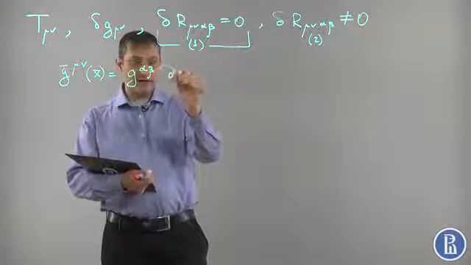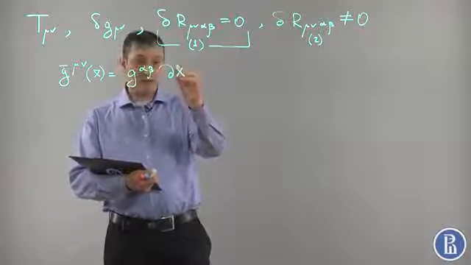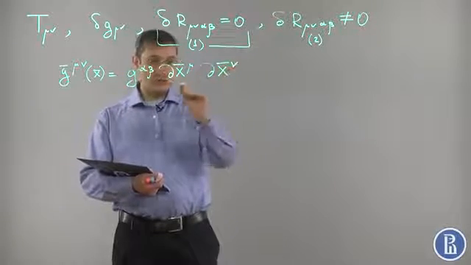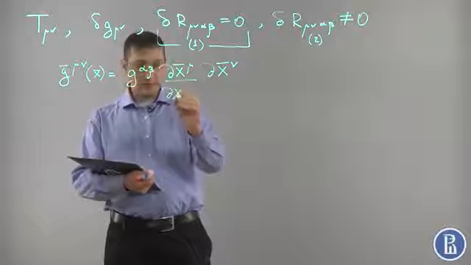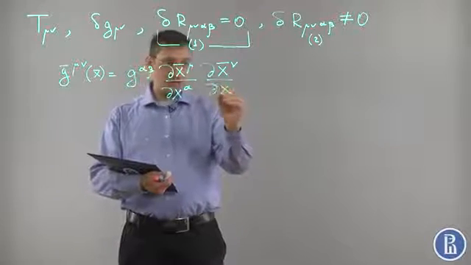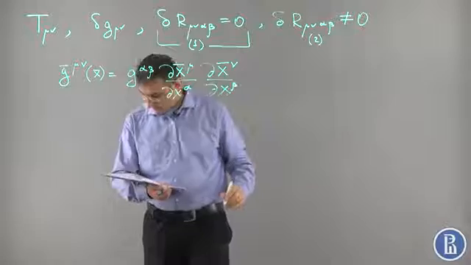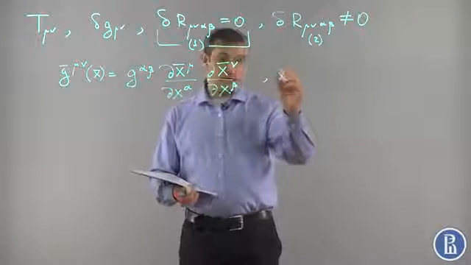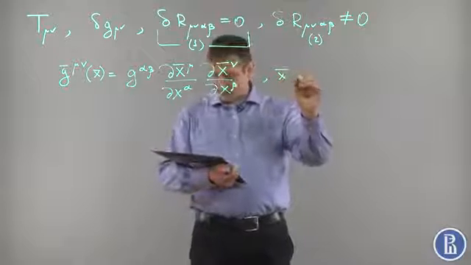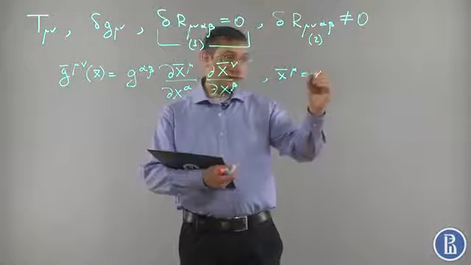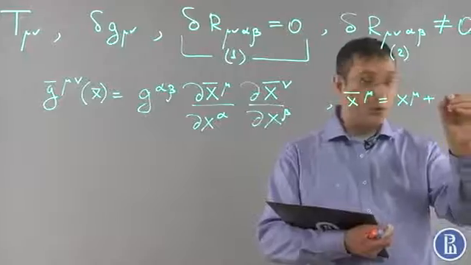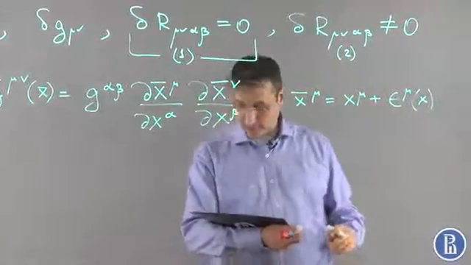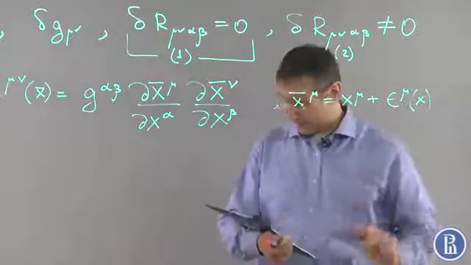So its variation with upper indices is as follows: dx bar mu divided by dx alpha dx beta. So we want to consider the following transformation, that x bar mu is just x mu plus a small change of the coordinate system. This is a small vector field epsilon.